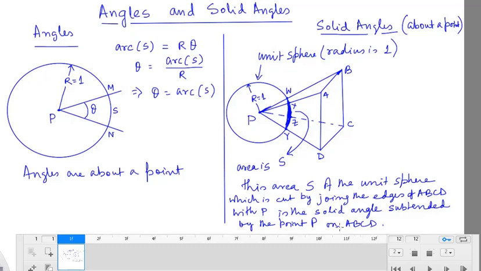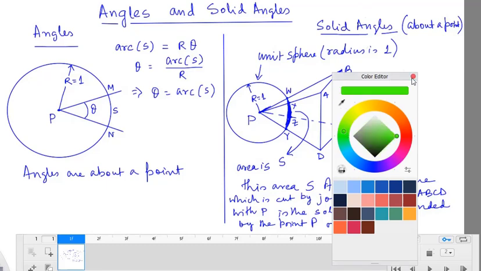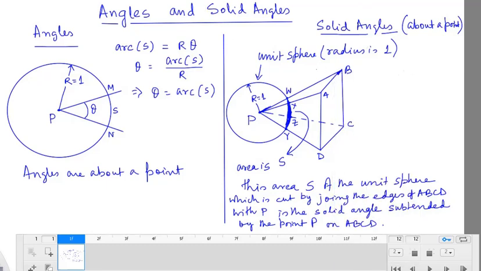So what I did, I am just repeating it again, please follow. We take an area ABCD, right? Let me color it a little bit. This area ABCD.